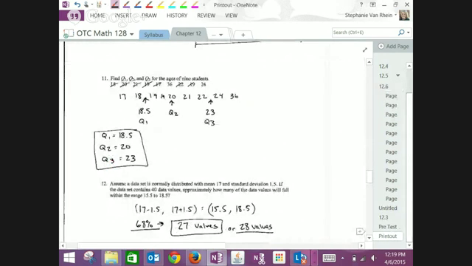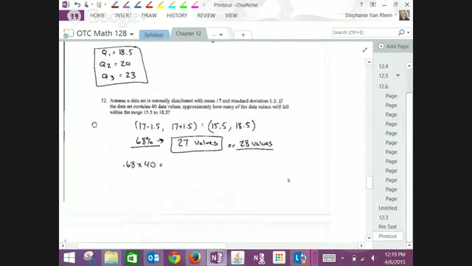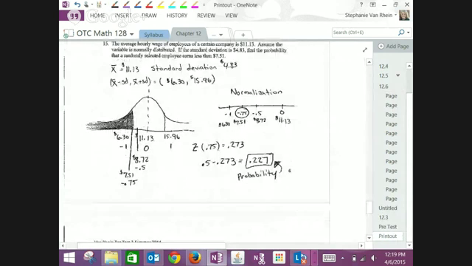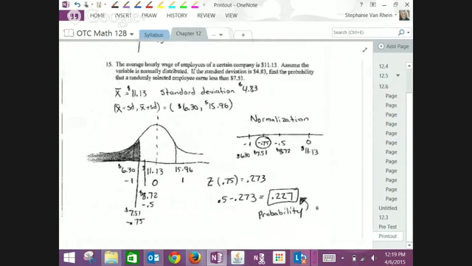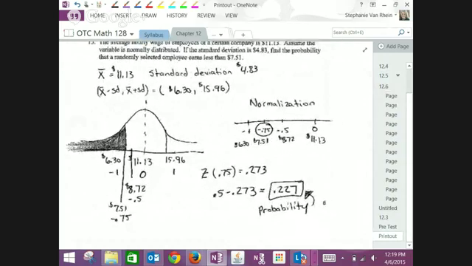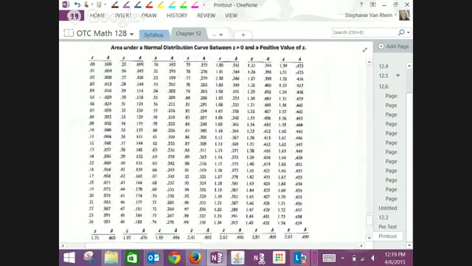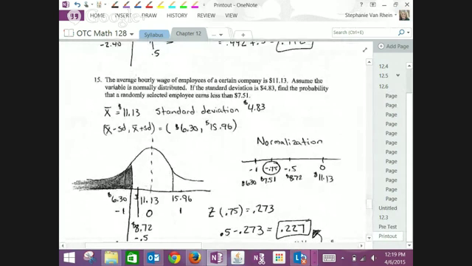The printout, probably the most difficult one for students, would have been number 15. You were given the mean and the standard deviation, and then you were asked to calculate values less than a certain number.